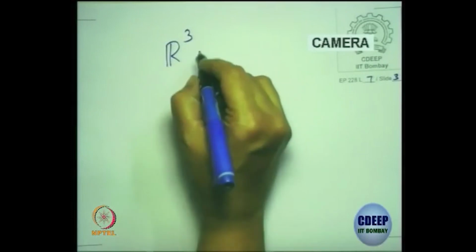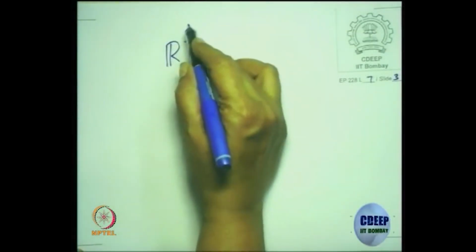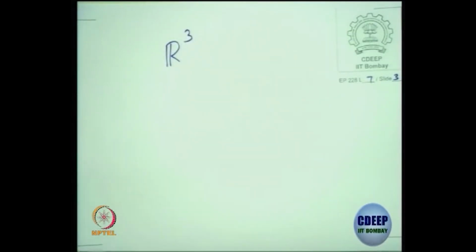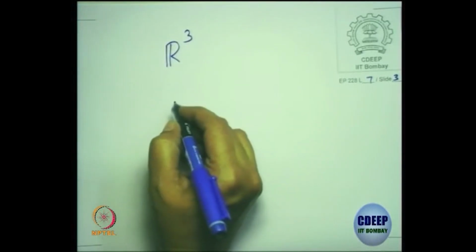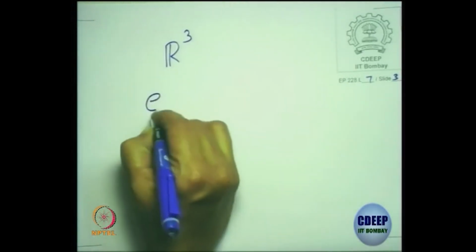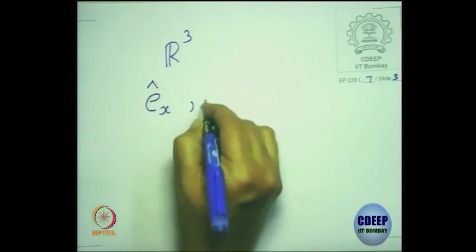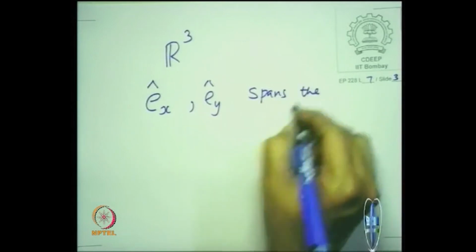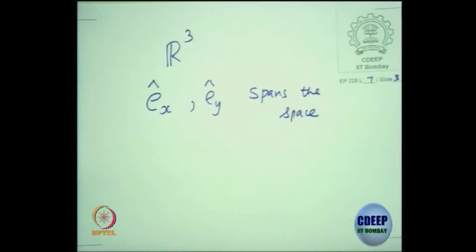Okay. Suppose let us take the same familiar R3. So this 3-dimensional space is sometimes called R3. Okay, R3 is a notation where this 3 denotes the x, y and z axis. So here you could try to write that your familiar unit vectors Ex, Ey span the space. Is that right?